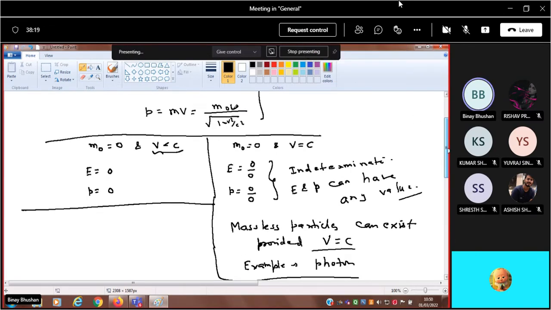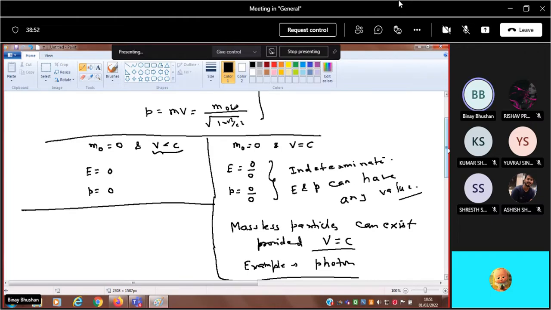But later we will see that even if we cannot determine E and P separately, we may find a relation between E and P for a massless particle. E and P can have any value, but there may be a relation between E and P that massless particles satisfy. We are going to see that now.